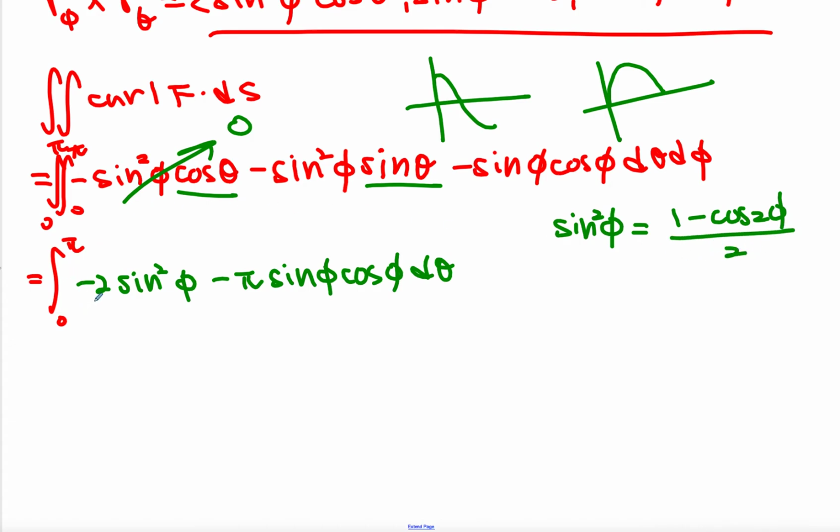So with the negative sign, I'm going to factor out 1/2 with the negative sign, and then I'll cancel out the 2. So what I end up getting is simply negative 1. And then 1 now becomes phi, and cosine of 2 phi becomes minus sine of 2 phi over 2. That's what I'm getting.